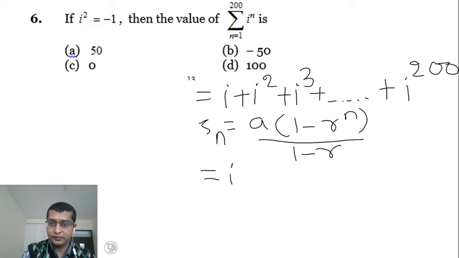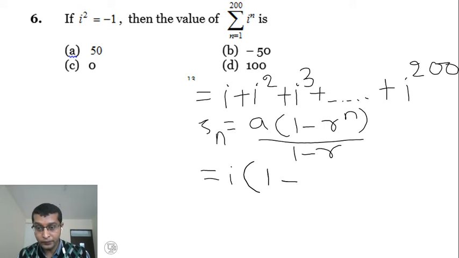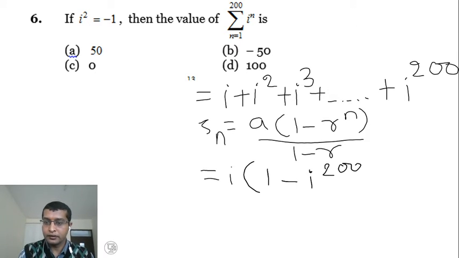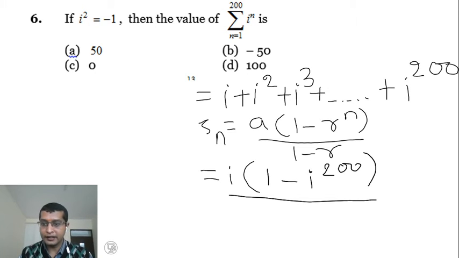So next 1 as it is, minus r, the common ratio, it is the second term divided by first term, i square divided by i, we get i. So raised to n, n is up to 200 terms here, whole divided by 1 minus r, so it is 1 minus i.